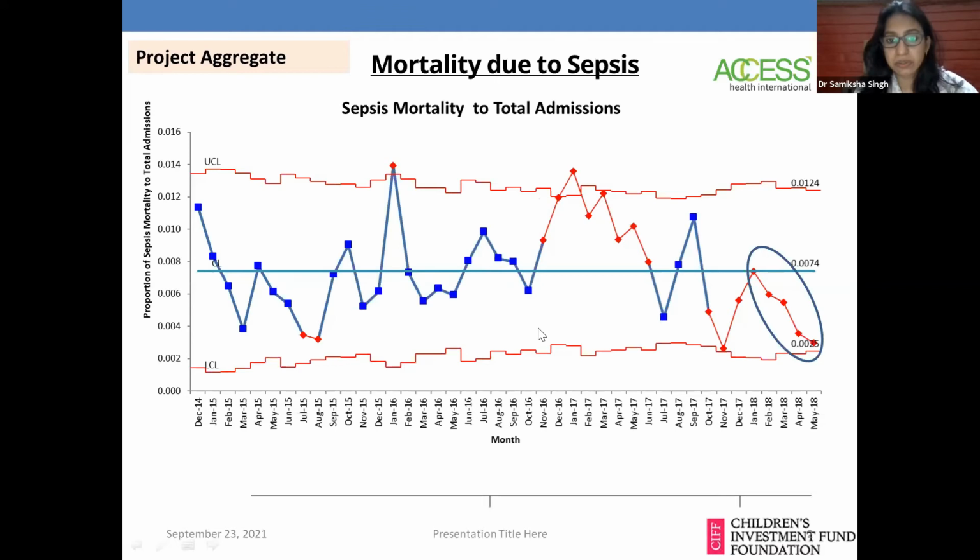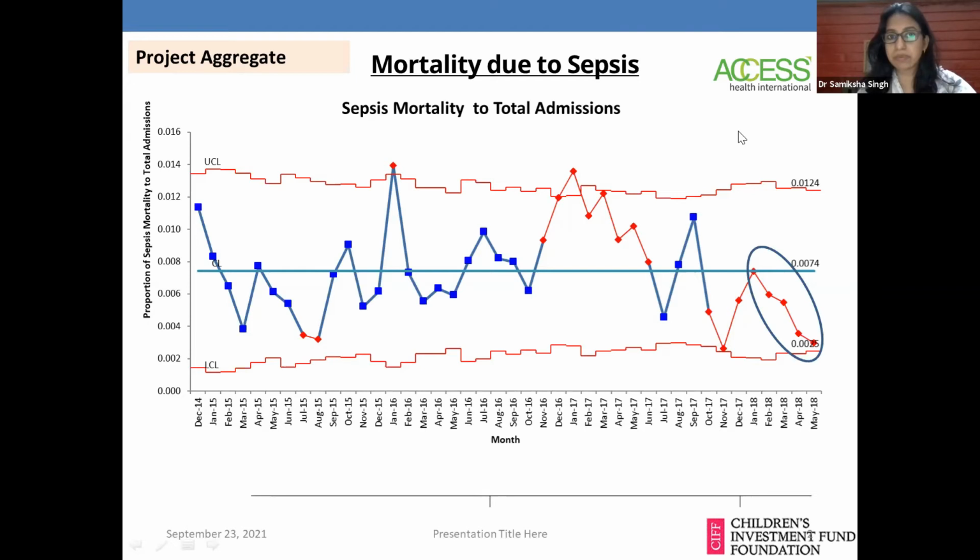The project started somewhere in, let's say, January 2017. The data collected before January 2017 was retrospective, was prevalence, where they looked at the records and then calculated. However, the data gathered after 2017, when the project started, was more prospective.